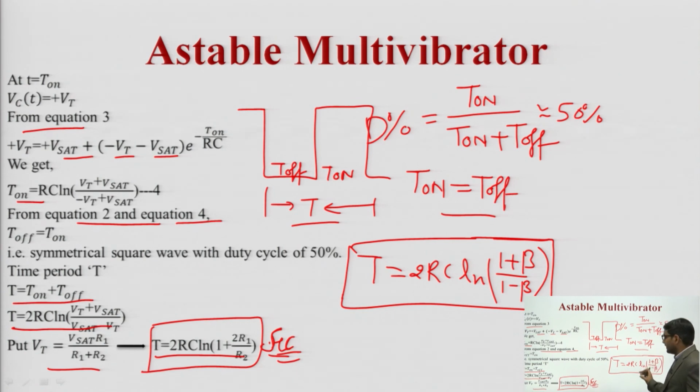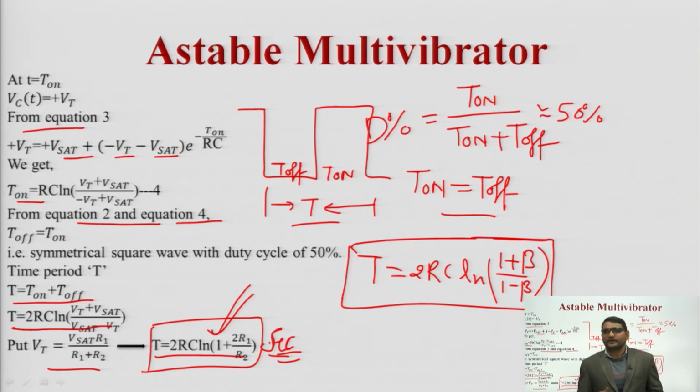If you put beta equal to R1 upon R1 plus R2, then we get this in terms of the values of resistance, that is RC, R1 and R2. So, if we vary the values of R and C, R1 and R2, we can change the time period of the square wave, but with the help of an op-amp we generally get a symmetrical square wave where T on is equal to T off.